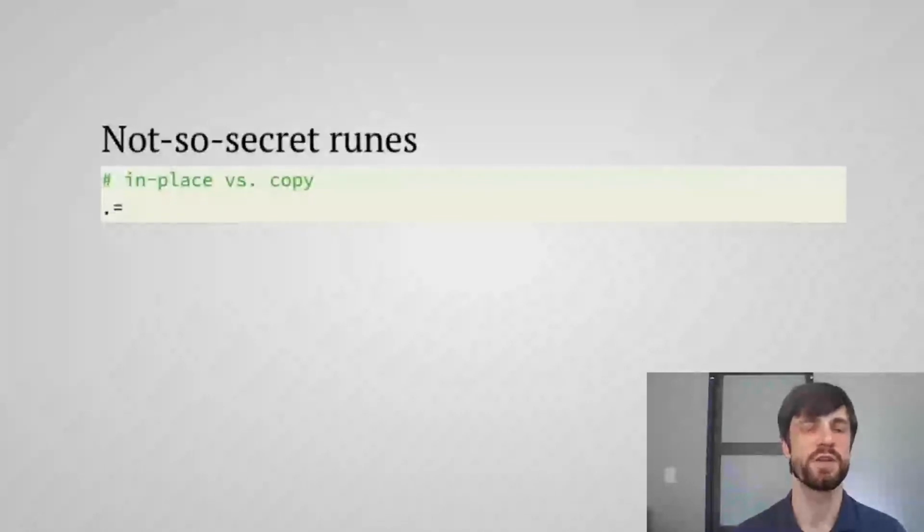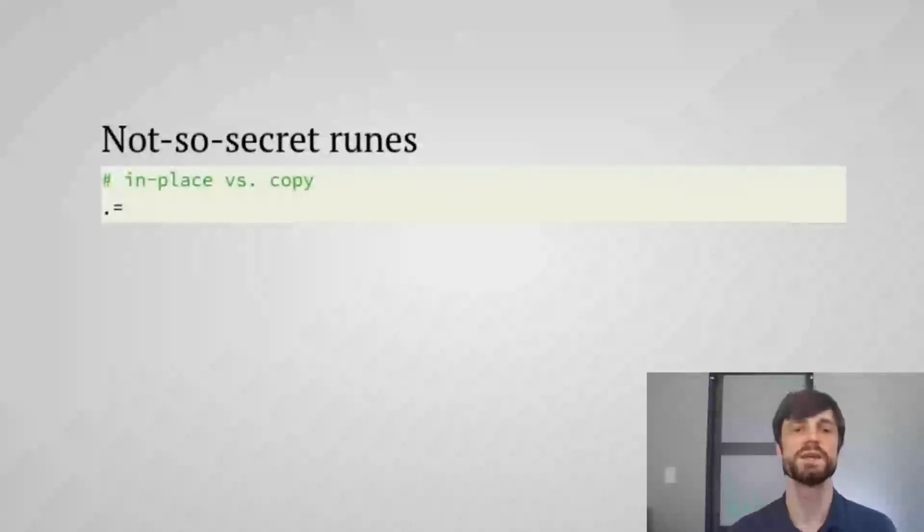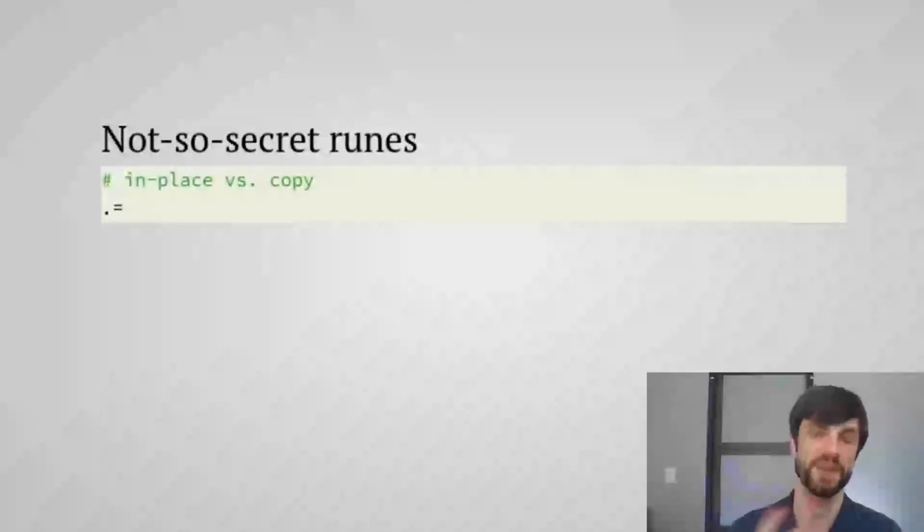So, if we want to have a sort, instead of a dot sort, we can do a dot equals sort, and that will sort in place. We'll assign the new copy back to the original variable. Whether or not that counts as in place is a little bit debatable if you're looking at it from a pure memory efficiency point of view, but it's effectively in place from a variable assignment point of view.